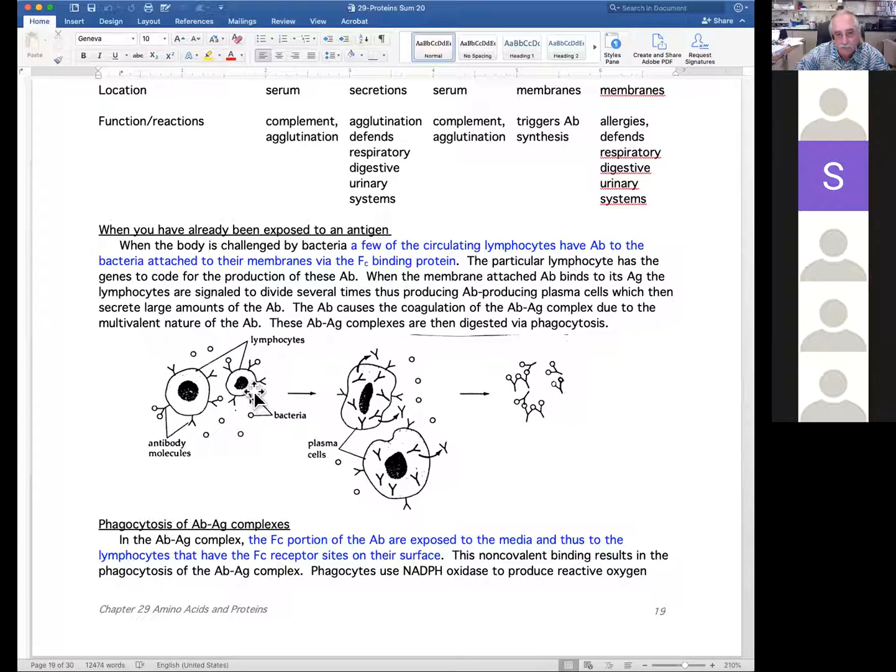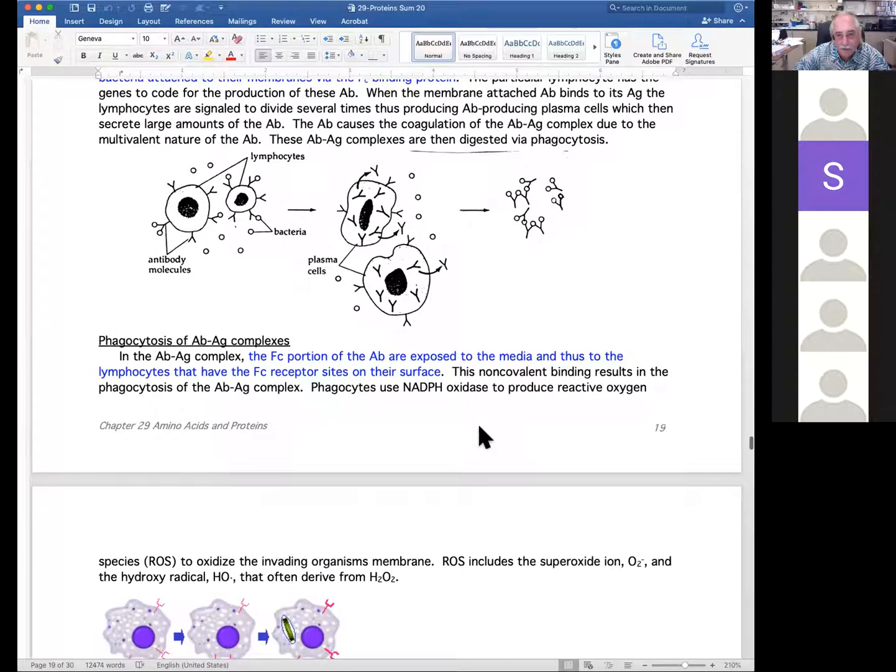That's what causes it to be attached to these lymphocytes here. And when it does go through agglutination, look at all the Fc regions pointing out right there. So if these were to get phagocytosed later on by a macrophage, how is the macrophage recognizing this? Well, in part because of the Fc portion.